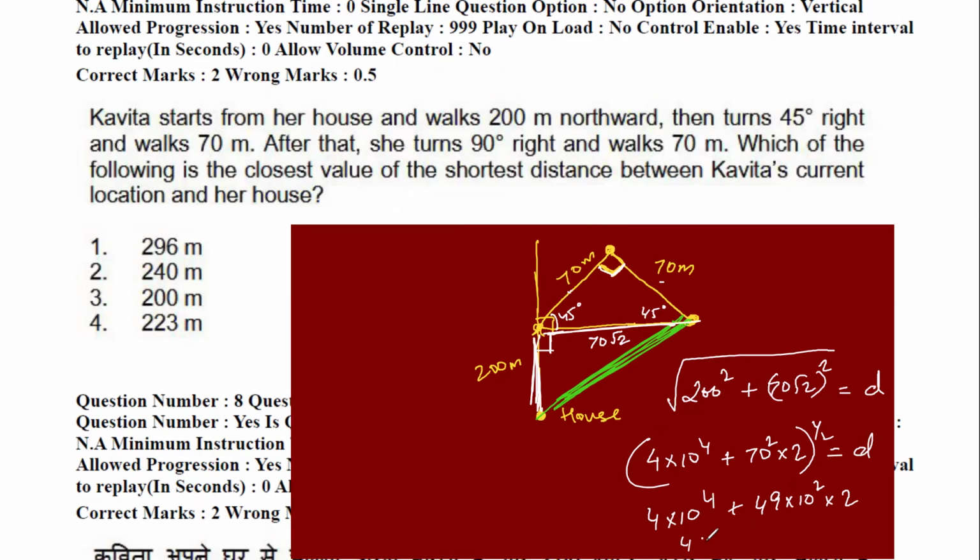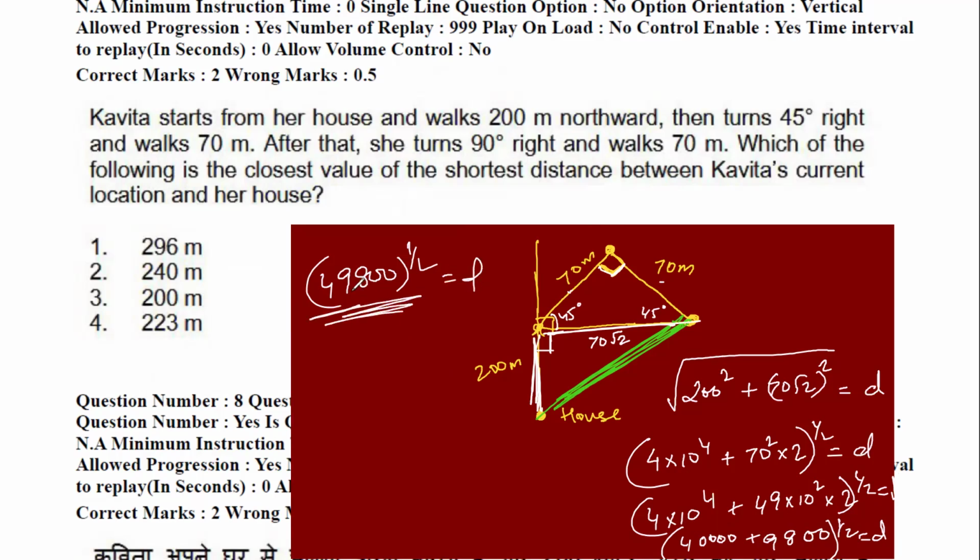So that's 40,000 plus 49 times 2 is 98 and then two zeros. So 40,000 plus 9,800 is 49,800, and this whole thing to the power half. Remember, it's equal to D. So what is this answer?